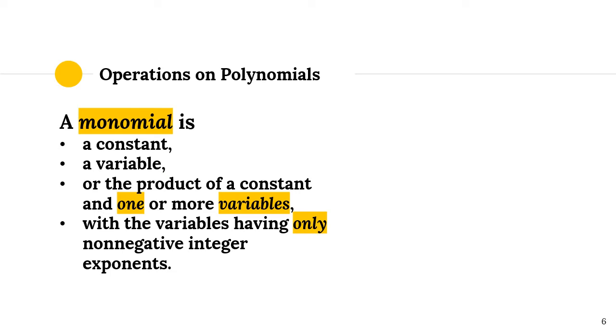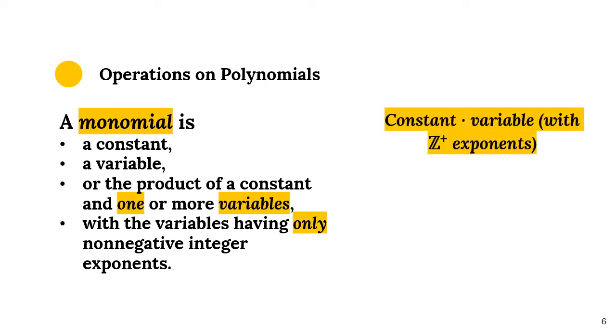So non-negative and integer exponents, meaning no negative exponents are allowed, zero exponent is allowed, and no rational exponents are allowed. So only integer exponents are allowed. Let's have an example here: a constant times a variable with positive integer exponents or with zero exponent.